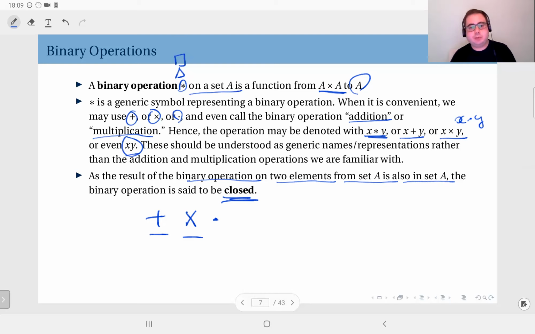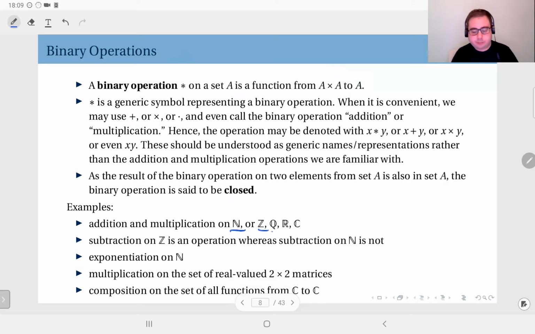Here are some examples. The usual ones we know: addition and multiplication on natural numbers, set of integers, set of rational numbers, real numbers, and complex numbers. These are all binary operations. Subtraction on integers, for instance, is an operation, yes, because it's closed.